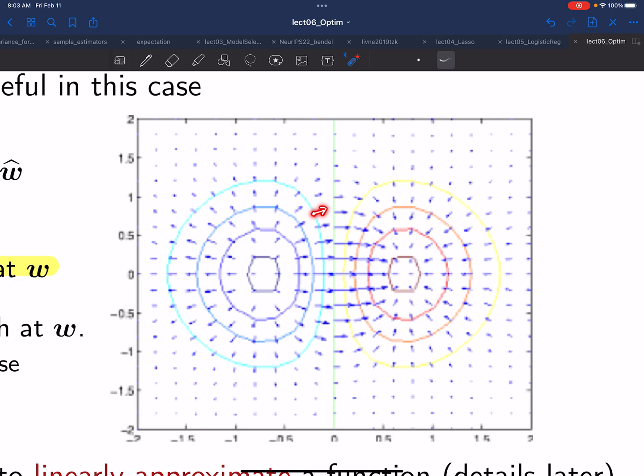That would be the direction you want to move if you want to increase the value of the function. The length of the arrow shows the steepness at that point. This is going to be the bottom because the gradients are pointing away, and this is the top because the gradients are pointing to it. You can see that the gradients there have zero magnitude, so the slope is zero.